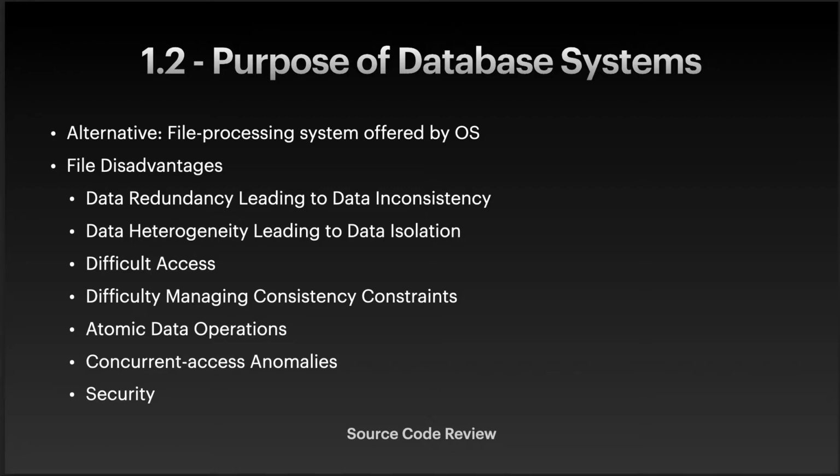So the difficulty in accessing this is if you wanted to, you would have to write an application program that goes through these different files that may be all different types of files and select the data you're looking for, which is obviously much too difficult, and a database would be much simpler.